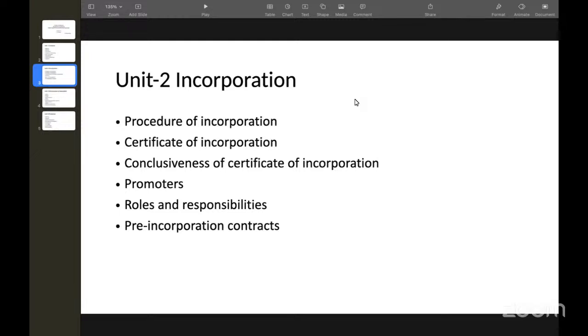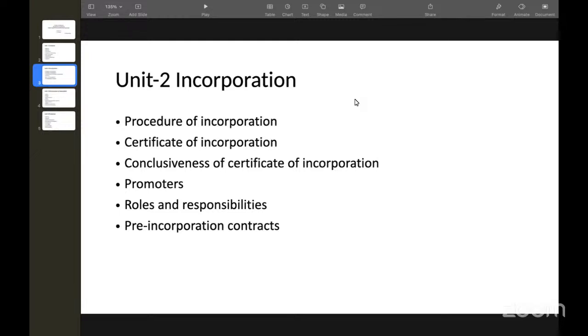Next, we had certificate of incorporation. Key features of the certificate of incorporation were, there are 3. First is legal identity. Next, details mentioned. Next is authority to operate. Then we discussed about the conclusiveness of certificate of incorporation.